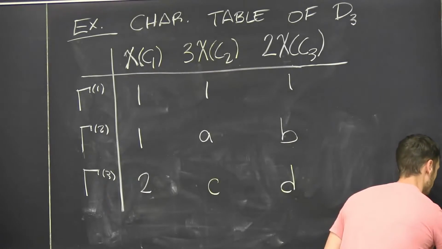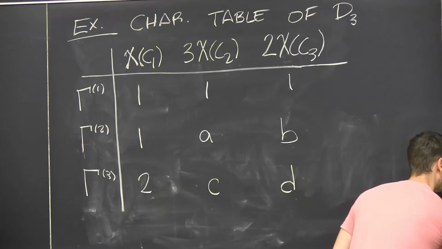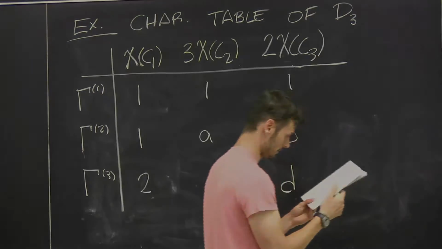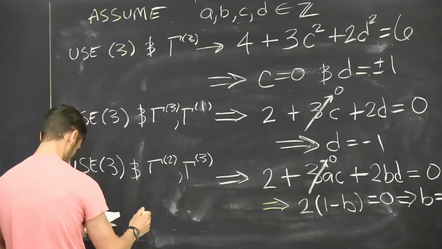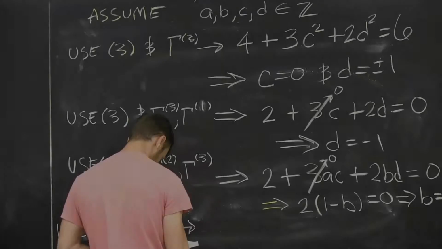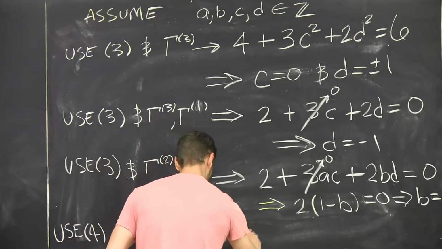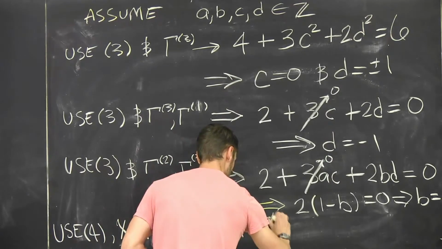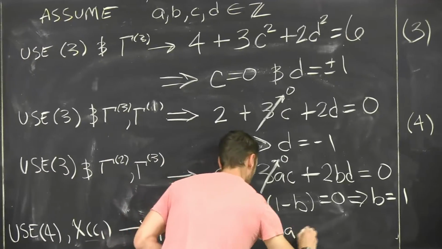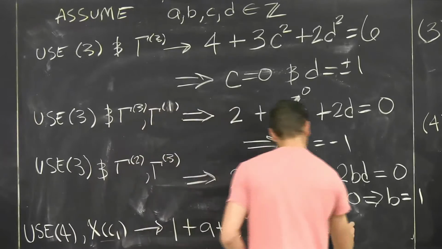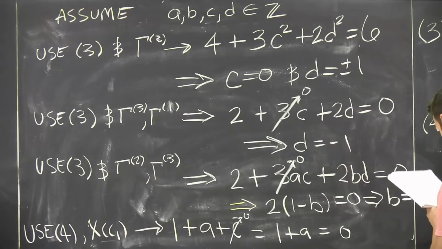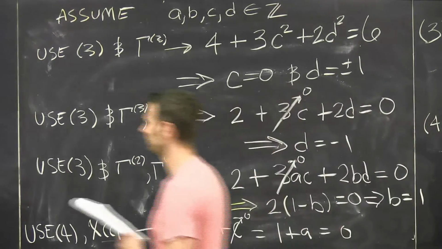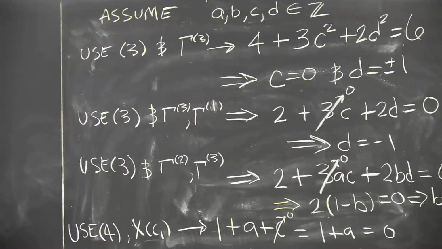And then the last rule I'll use, rule 4 over there. And for this one, I'll use this column. 1 plus A plus C, C is 0, which is just 1 plus A. That has to equal 0. I think I messed something up here. Oh, my bad. I'm sorry. I'm using this column and this column.